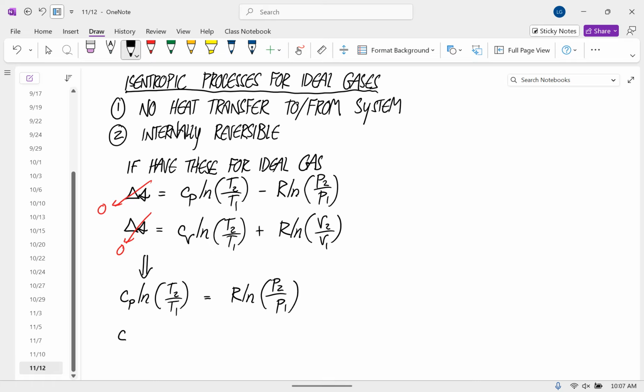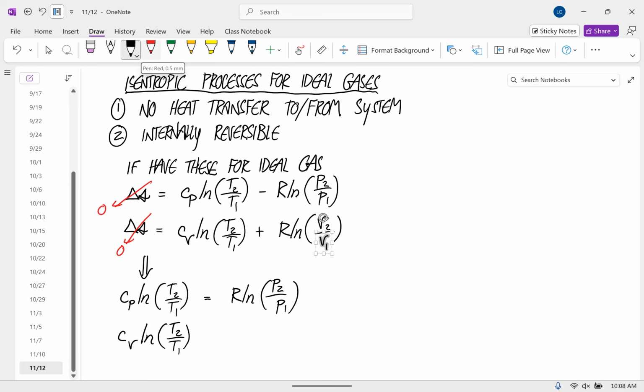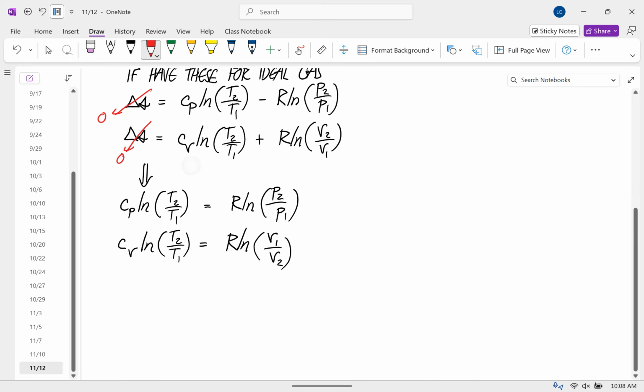And Cv times the natural log of T2 over T1 is equal to, so I could write this as the negative of this term, just doing the algebra, or because of the way the natural log works, I could just flip the numerator and denominator of that fraction, and write this as R times the natural log of V1 over V2. So these two are flipped.